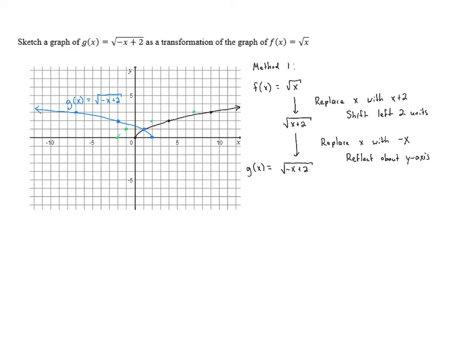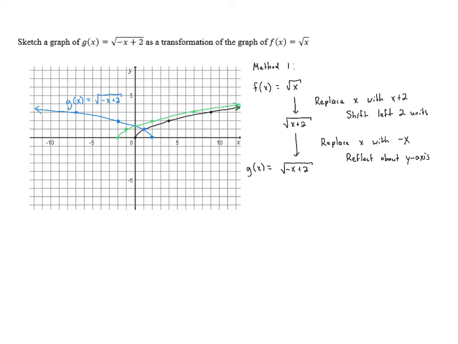I think it's a little bit nicer if we do that, because then we can see how this intermediate graph and the new graph are reflections about the y-axis. One starts on the left and moves up to the right. One starts on the right and moves up to the left. They are mirror images of each other across the y-axis.